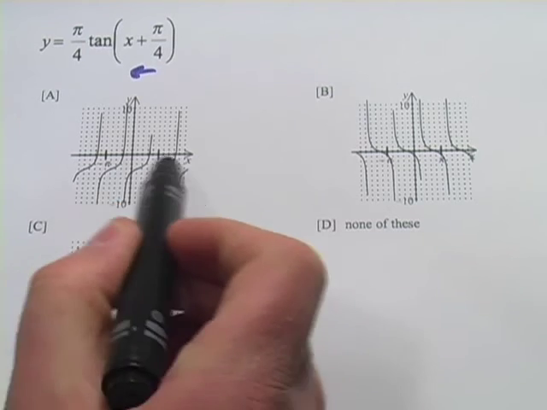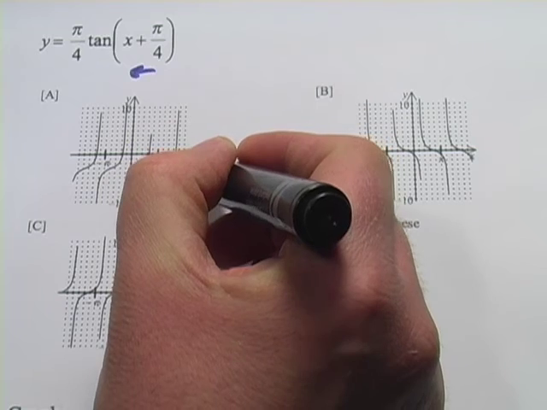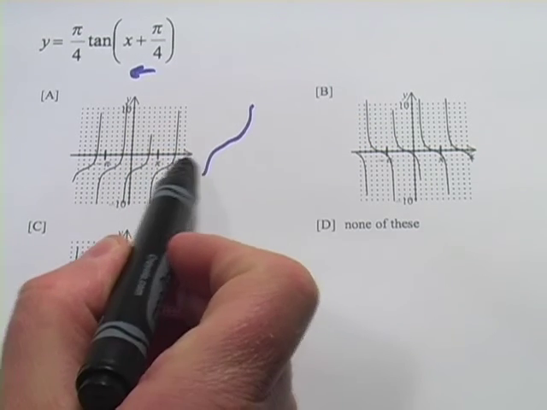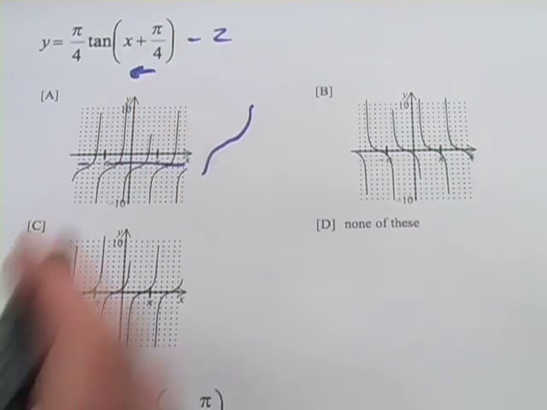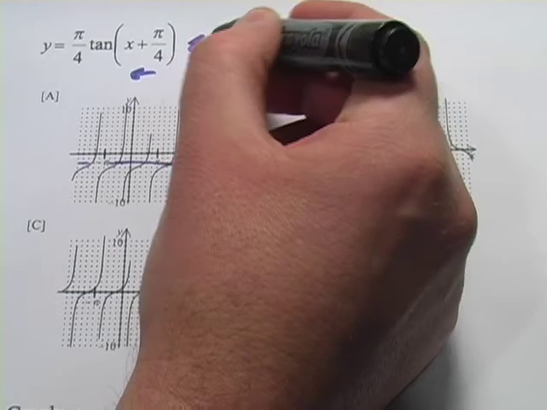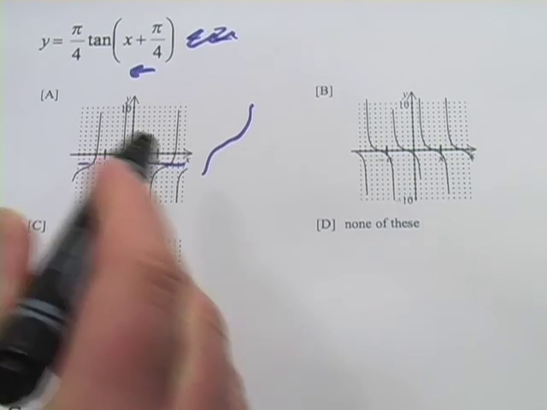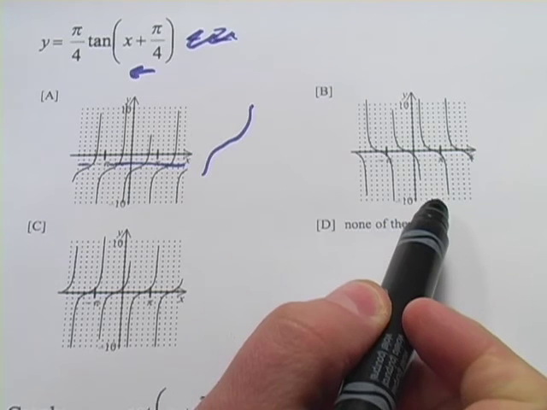Now, this function here, while it looks like the tangent, it's going in the right direction. It's got that shape like that. But it looks like it's been shifted down. And again, to shift a graph down, you'd put some negative number out there after all the parenthesis business, but that's not happening here. So it looks like A is out. In B, we've actually got them going the wrong direction.